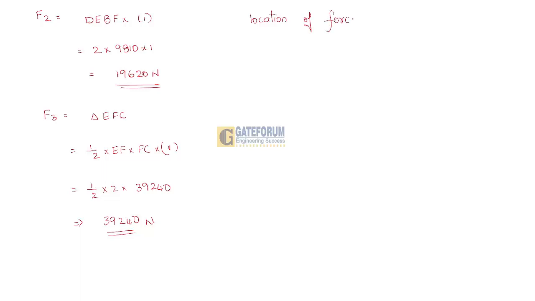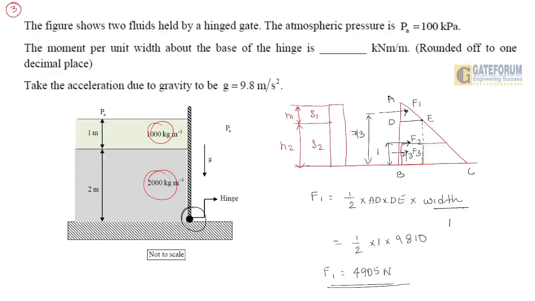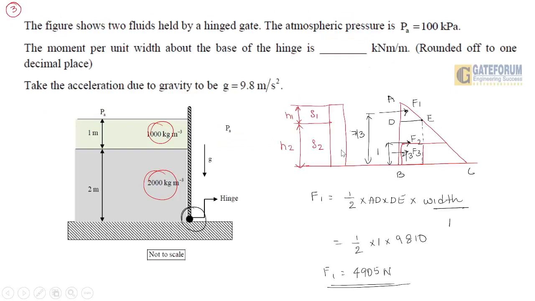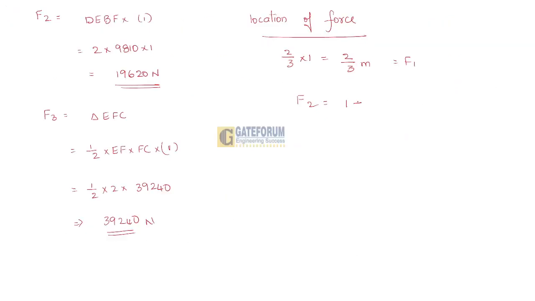Location of force. When we are talking about this location of force, for F1 it will be 2 by 3 at a height of 1. Obviously I told you here 2 by 3. That will be 2 by 3 meter, this equal to F1. F2 is 1 plus, from the top, 2 by 2, which will be 2 meters.